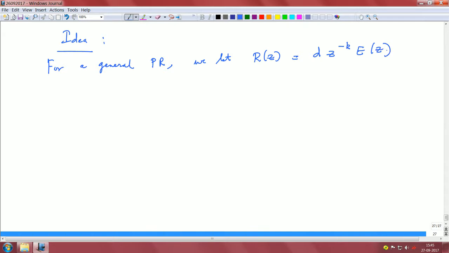We will let it in this form. So, you may wonder why this form. I mean, that means R of z times E dagger of z, so E is basically E inverse in some sense. Can we think about having such self inverses in polynomials?